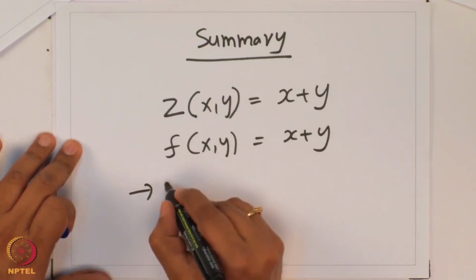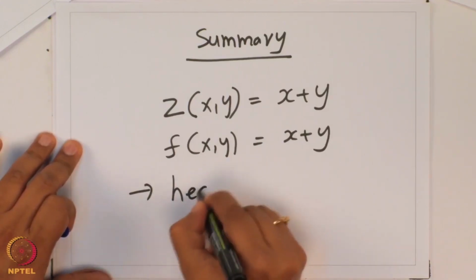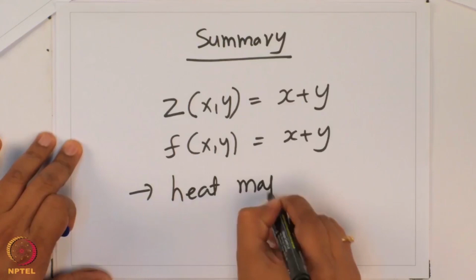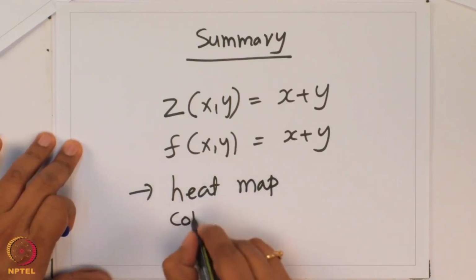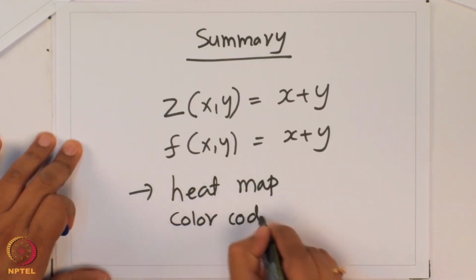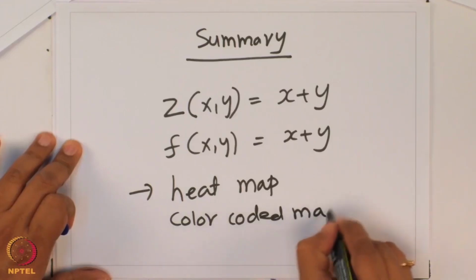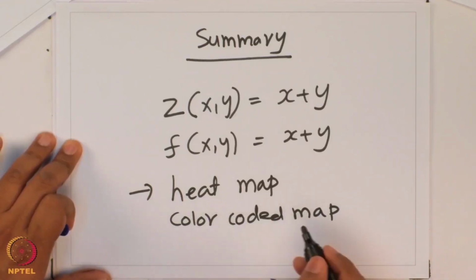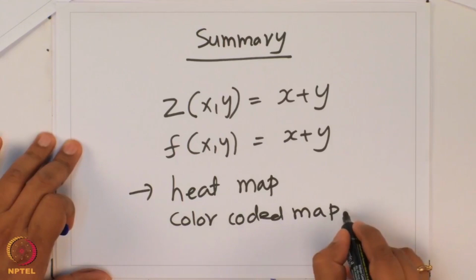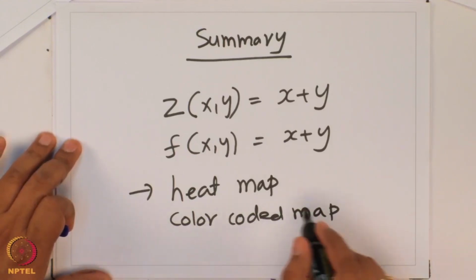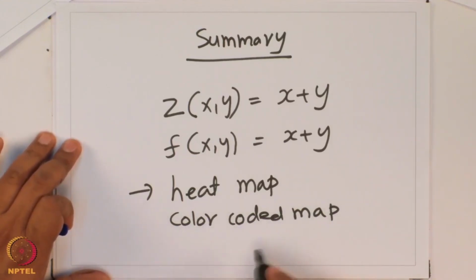We wrote this as a heat map or a color coded map. And correspondingly, I can think of this as a fluorescent layer, with different fluorescence at different locations.